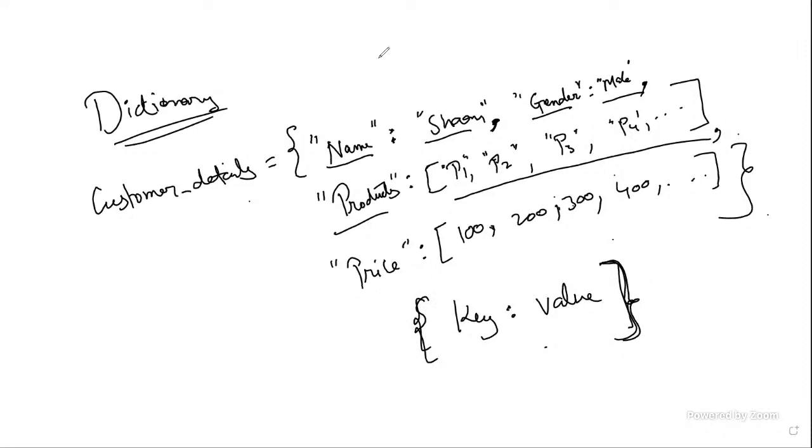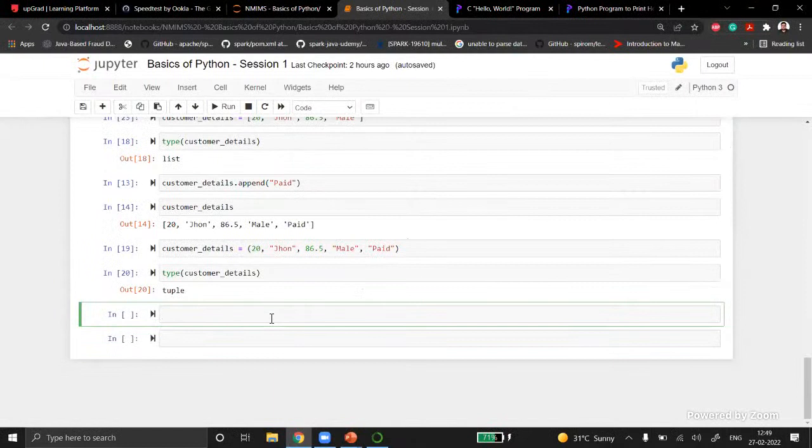Getting it? So let's define this in our program. Here, again, customer details is equal to, I'm giving curly brackets here, so name: Sean, gender: male, and products purchased.